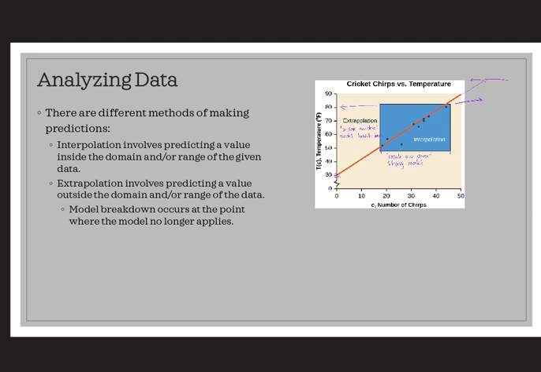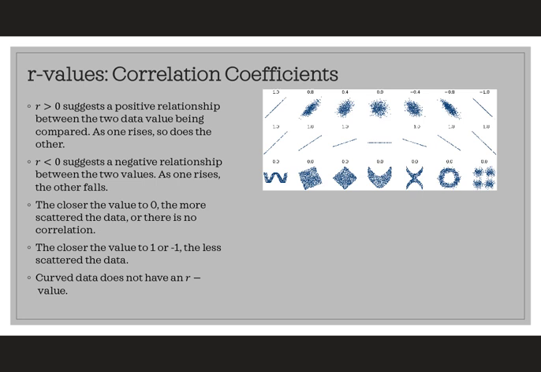Okay. All right. And then as we start to make these mathematical models, as we start to put a mathematical function over our data, we need to know if that function is good. Is it good? Well, what we do for that is we assign a number.